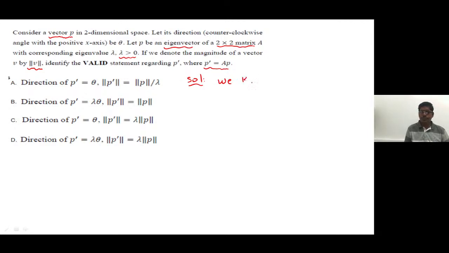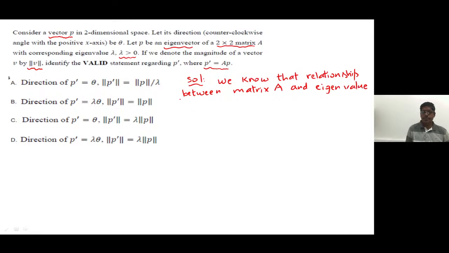We know the relationship or formula between matrix A and eigenvalue lambda with the corresponding eigenvector.